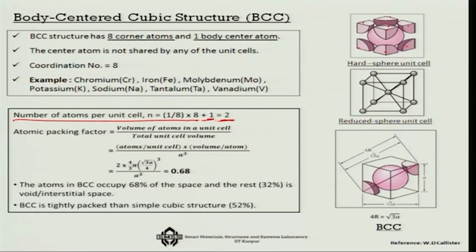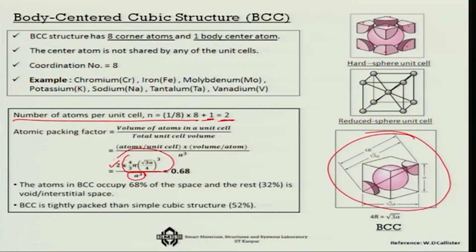So, then the atomic packing factor, how would you count it? In this case you will see that the atoms per unit cell is 2, and once again it has the basic structure which is cubic. So, it is a cube as the volume of the unit cell, and you can find out from geometry, if you look at this entire structure, that in the most compact condition the volume per atom is 4/3 pi times (root 3 a by 4) cube.